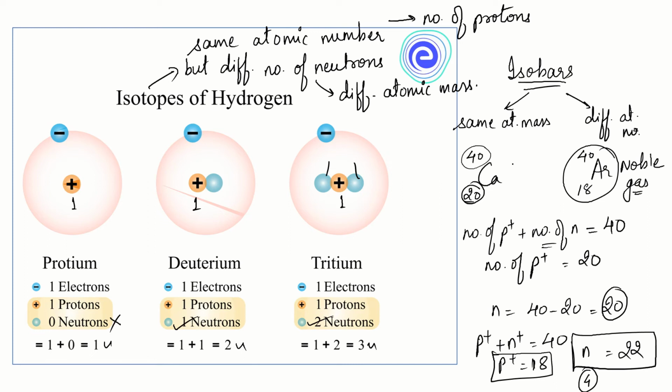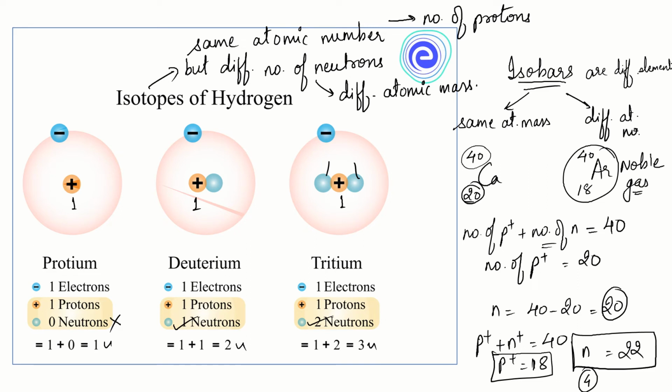Okay, so revising, isotopes and isobars are different. Isotopes are the same elements with different atomic mass and the same atomic number. Isobars are different elements with the same atomic mass but different atomic number.